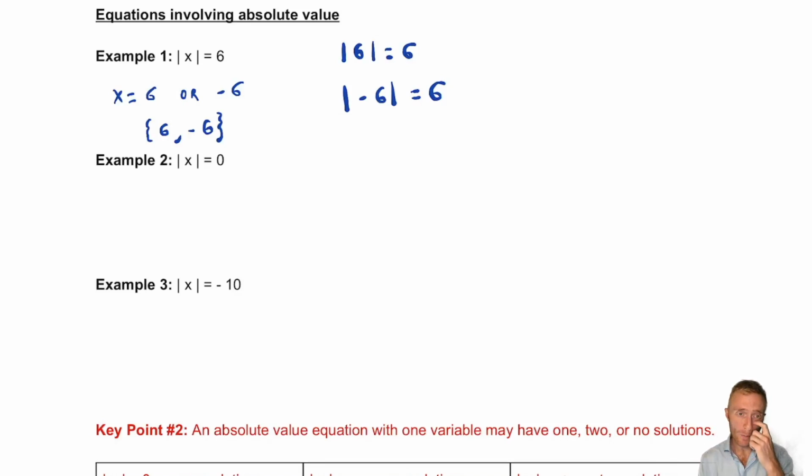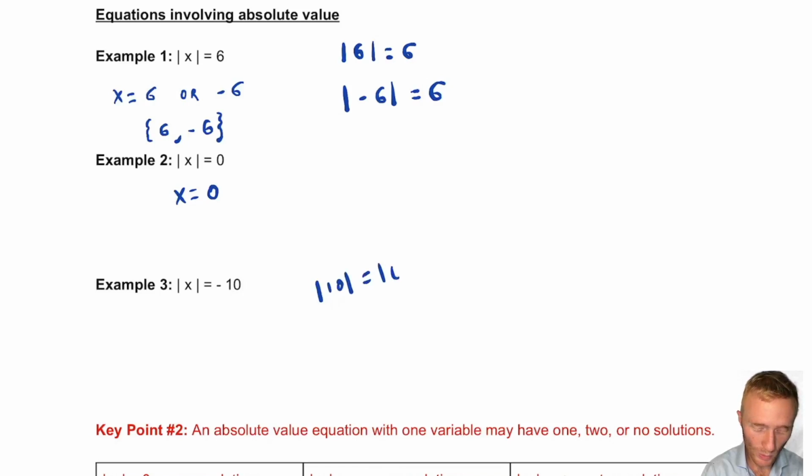Case number 2, if the absolute value of x is 0, that's the only case where there's only one solution, because the only thing that can go into an absolute value and come out a 0 is a 0. In the third case, the absolute value of x equals negative 10, this is what we call the no solutions case. If we put a 10 inside of an absolute value, we get out a 10.